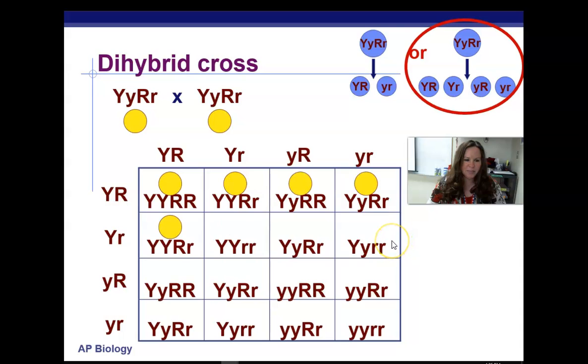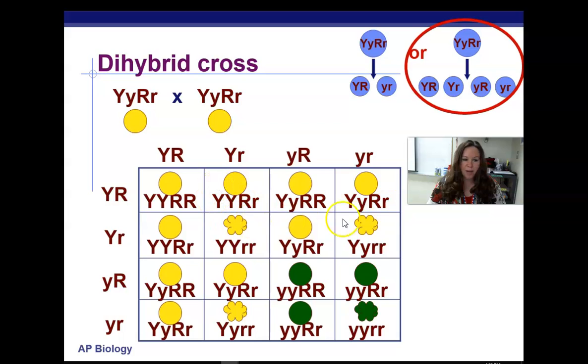The phenotypes. Lots of yellow round ones, but there's a yellow wrinkle. Oh, there's a green round, and there's a yellow wrinkled again, green round, and finally we get a green wrinkled. All right, now count them up. If you count the yellow round circles, there's 9 of them.